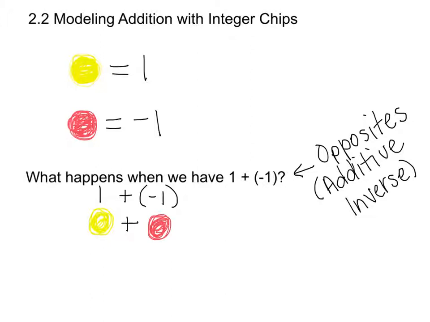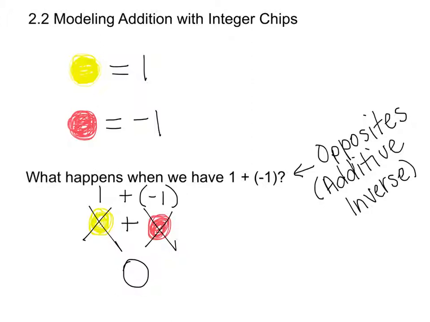They go to 0. There's nothing left when you have a 1 and a -1. So that's called a zero pair because 1 and -1 are additive inverses. When you add them together, you get 0. So I represent it by going ksh, ksh, ksh, ksh. They battled and they died. So 1 plus -1 is 0.